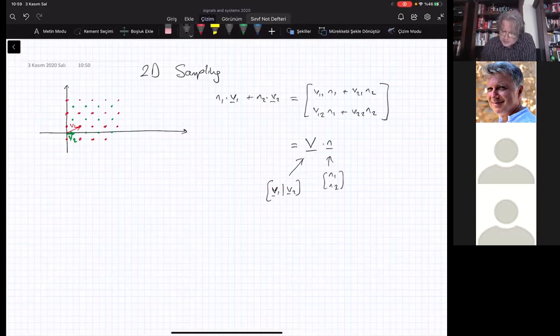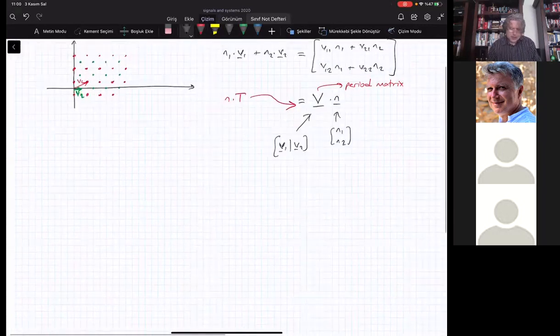So if you remember, in the one-dimensional case, we had N times capital T. Now it's converted into capital V times N. Capital V here is the period matrix. And since it's in the form of a matrix, it is multiplied only with a vector to come up with all the points on the grid, any point along this grid that I wanted to indicate.